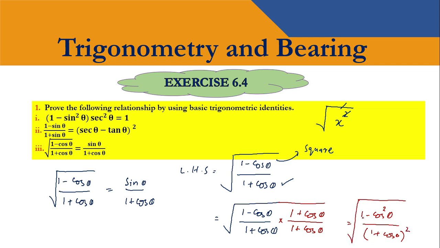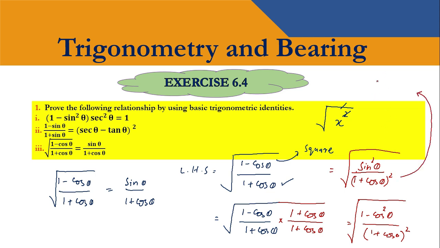Now for 1 minus cos square theta, we know that sine square theta plus cos square theta is equal to 1, and 1 minus cos square theta is equal to sine square theta. So now we will put the value of 1 minus cos square theta here, which is equal to sine square theta divided by 1 plus cos theta whole square, under root. Now both values are square values, so we can write them under a single square.